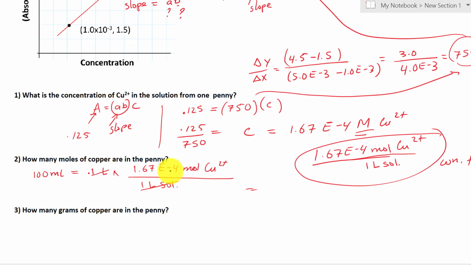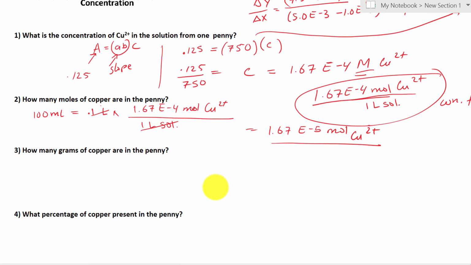It will be equal to, easy math, 1.67 e to the negative 5 mole of Cu2 plus. There you go. And that would be the moles of copper in the penny. Isn't that easy?